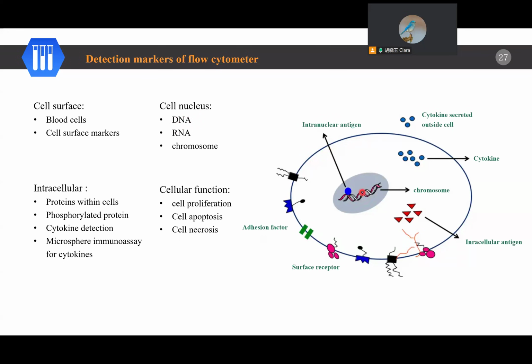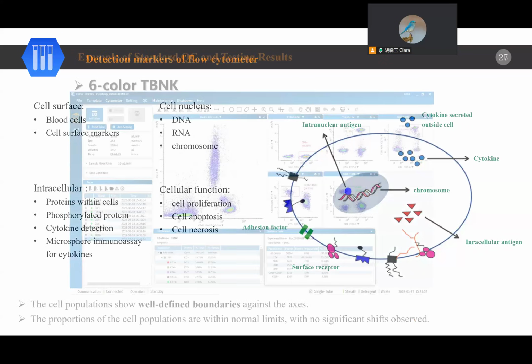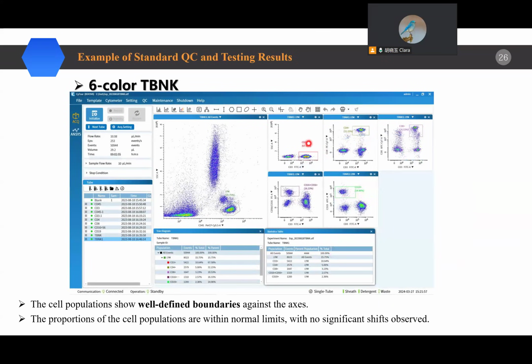For example, if we want to detect CD3 here, as long as we can find a reagent that binds the anti-CD3 antibody, and on the top tier of the antibody, or binds the antibodies, the fluorochrome that can be detected by the machine.